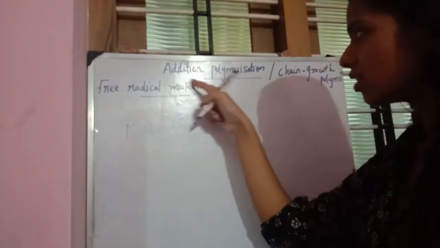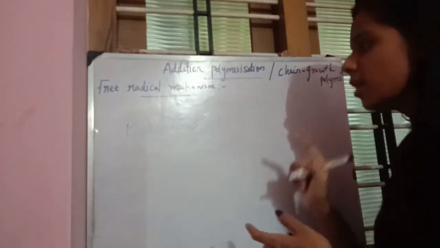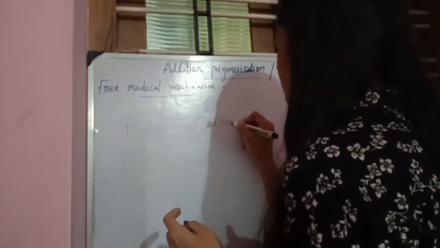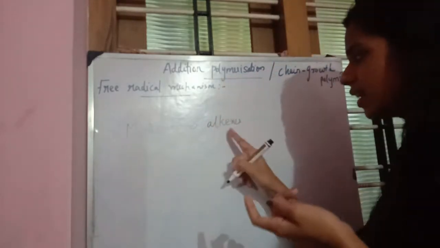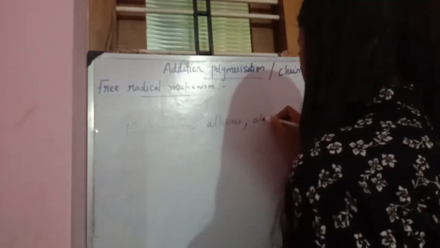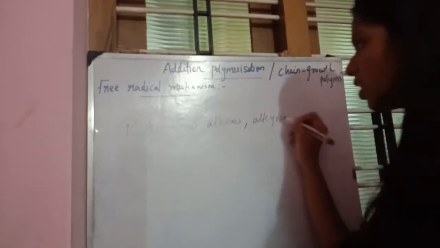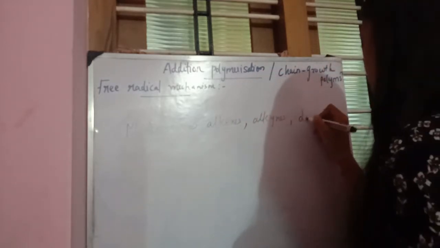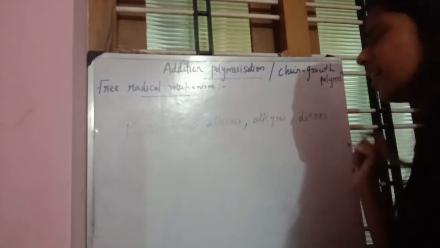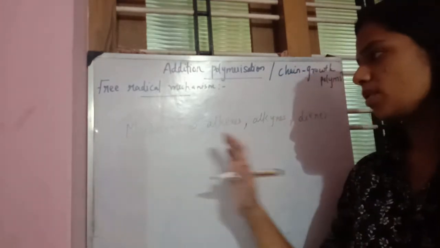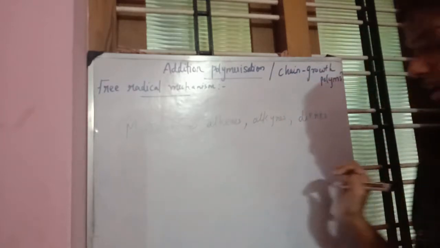So if you hear the word addition polymerization, the monomers should be alkenes, because the alkene contains a double bond, right? Alkynes, because they contain triple bonds. Dienes, in it double bonds are present, right? So the monomers should be alkenes, alkynes or dienes.